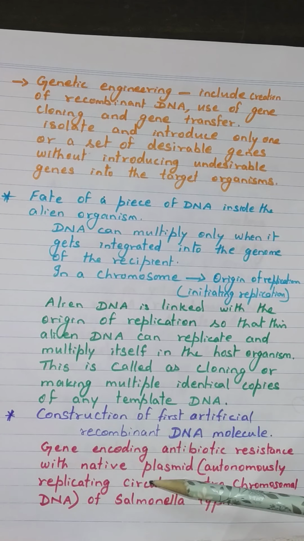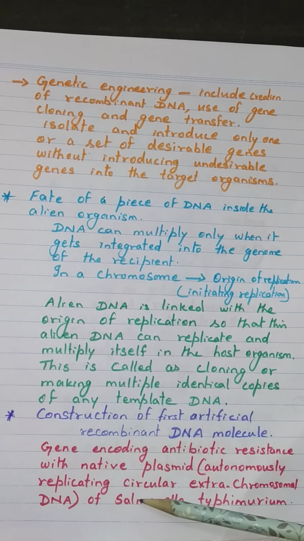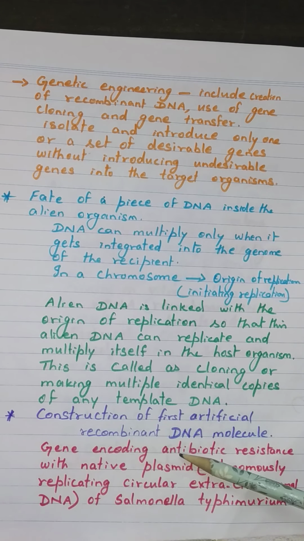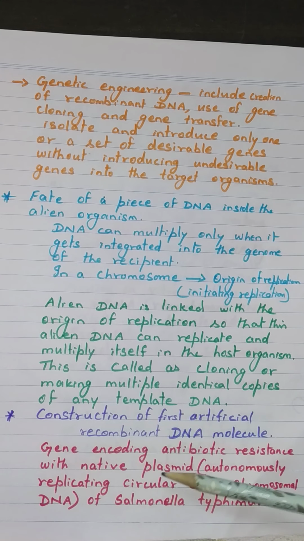They ligated, they combined the desirable gene, which was a gene encoding antibiotic resistance, which gives antibiotic resistance to the organism. That gene was ligated with the native plasmid of Salmonella typhimurium.